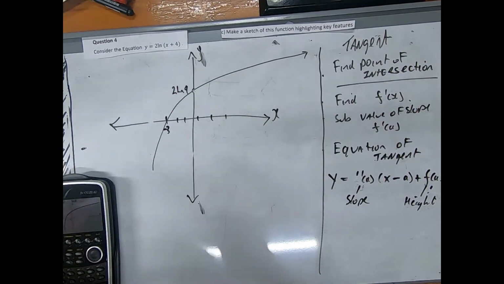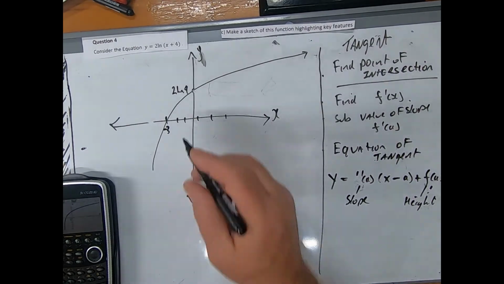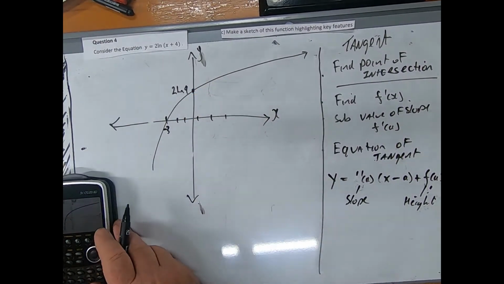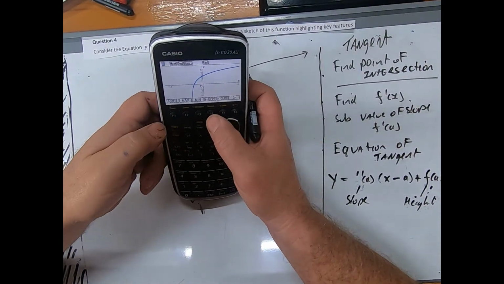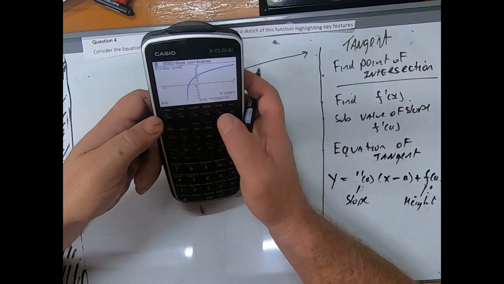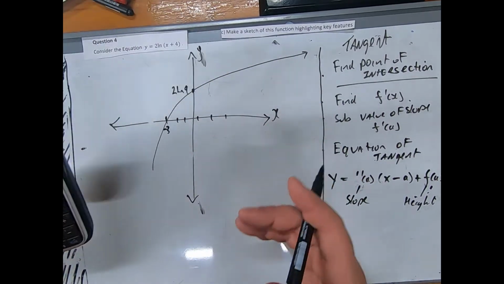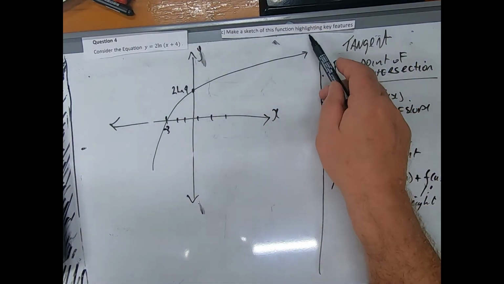Just having a look here. Yep, that's right. Let's see what it is as a decimal on the calculator. G-Solve, y-intercept, 2.77. All right, highlighting key features.